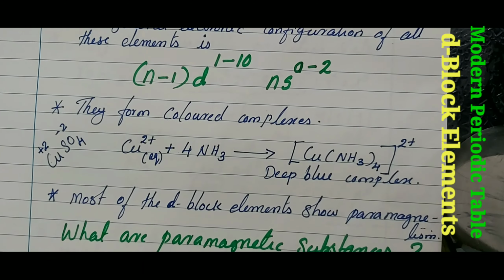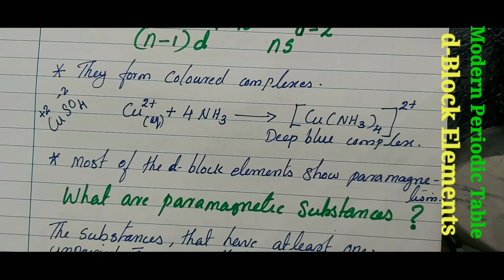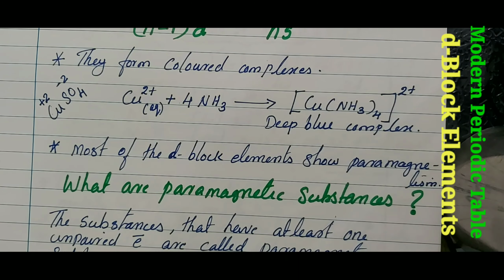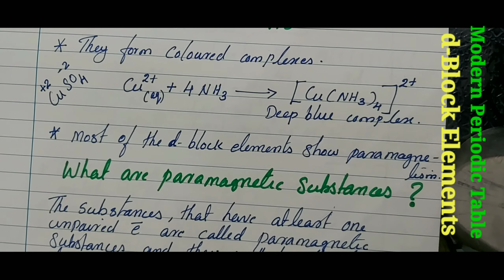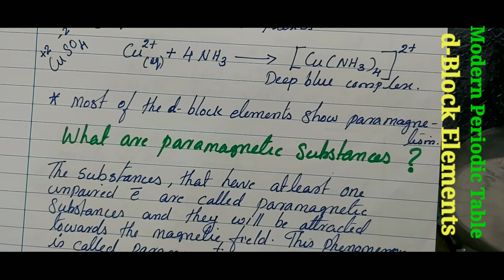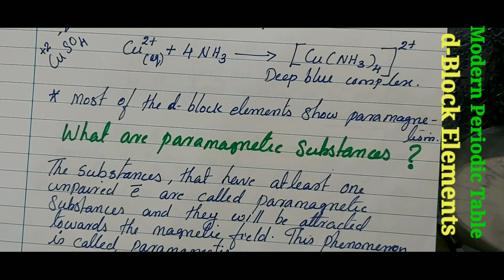The next point is, most of the D-block elements show paramagnetism. What are paramagnetic substances? The substances that have at least one unpaired electron are called paramagnetic substances.